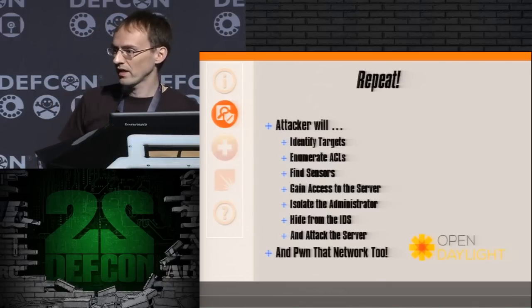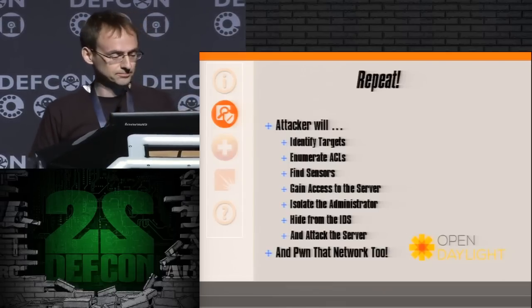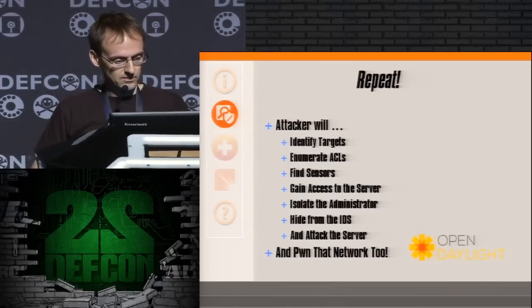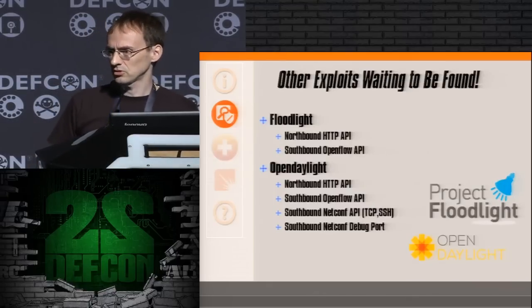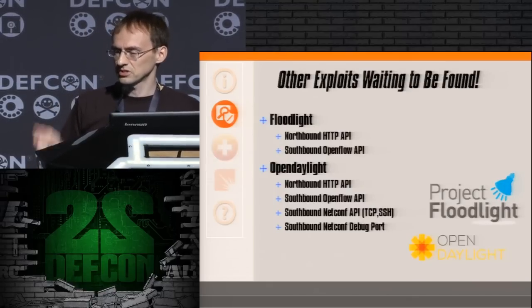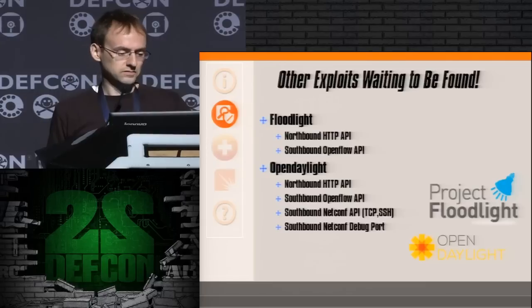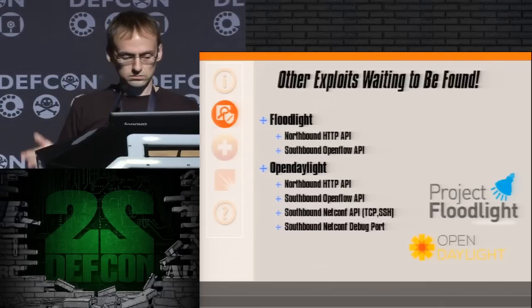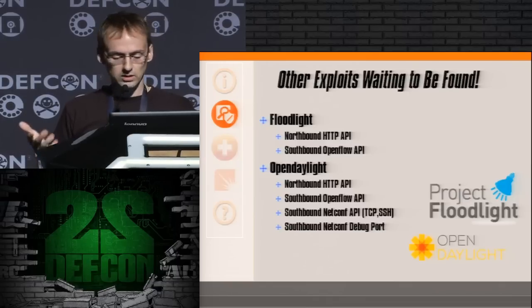So OpenDaylight, you put those extra protections in place, and it didn't turn out to be much. Other exploits are waiting to be found. This is where you guys come in. The only way to get these people to secure this stuff is to keep poking at it. Northbound APIs, Floodlight, southbound APIs for Floodlight as well. OpenDaylight has the northbound APIs, OpenFlow, southbound APIs.